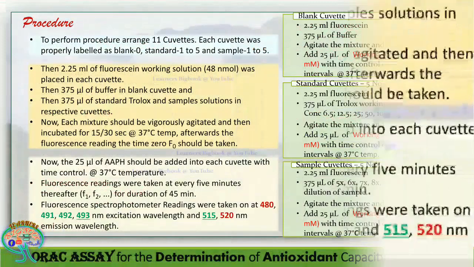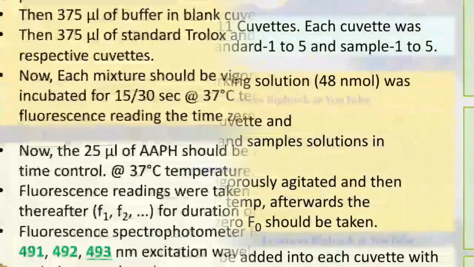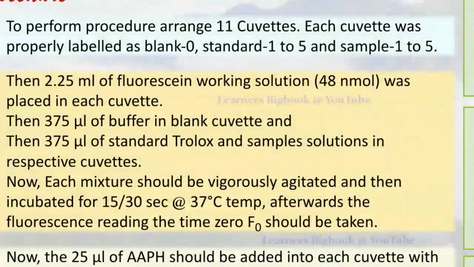Here the procedure, we have made this particular part to make sure that people can understand very clearly. You can see that there are around 11 cuvettes.